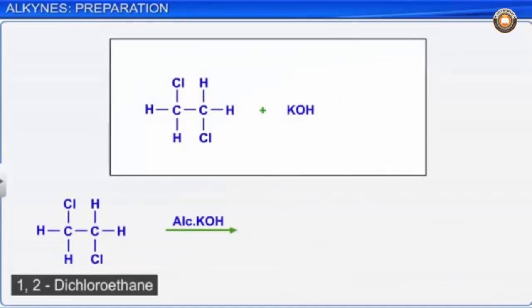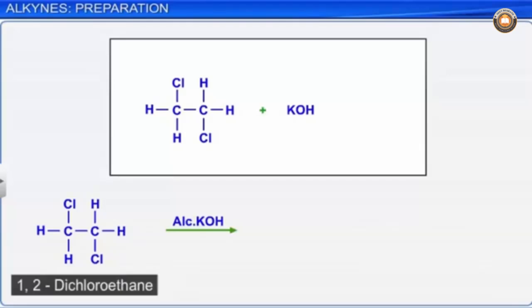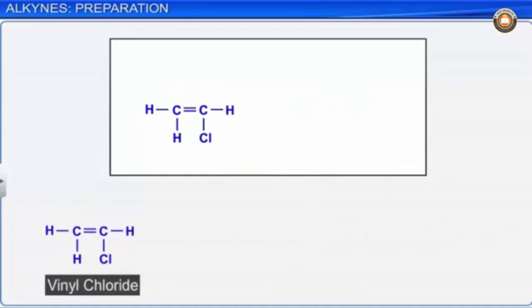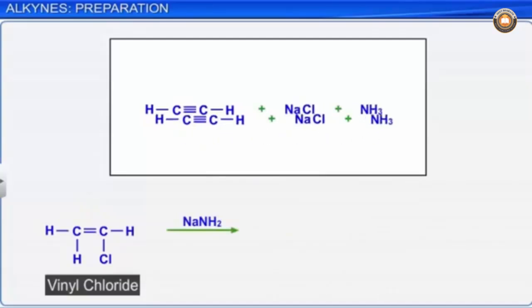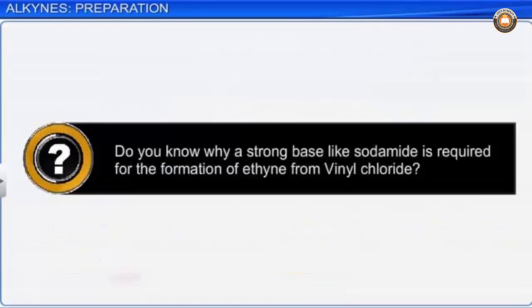For example, when 1,2-dichloroethane is treated with alcoholic potassium hydroxide, it forms vinyl chloride, and this, when treated with sodamide, forms ethyne. Do you know why a strong base like sodamide is required for the formation of ethyne from vinyl chloride?